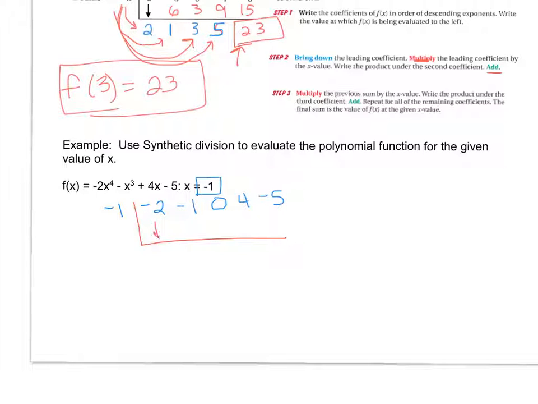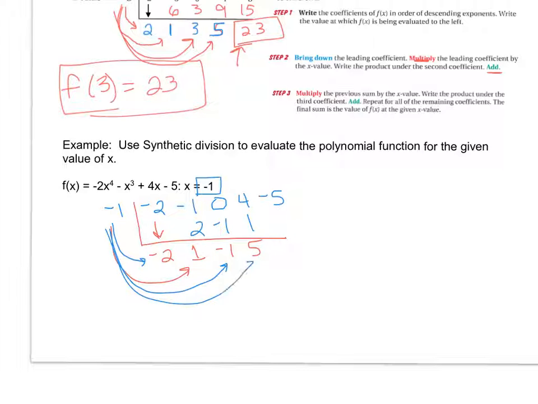We're going to drop down the first term. We're going to multiply. We're going to add down. We're going to multiply. We're going to add down. And we're going to multiply. We're going to add down.